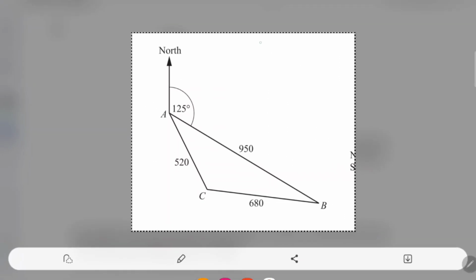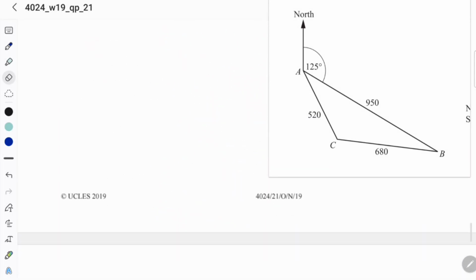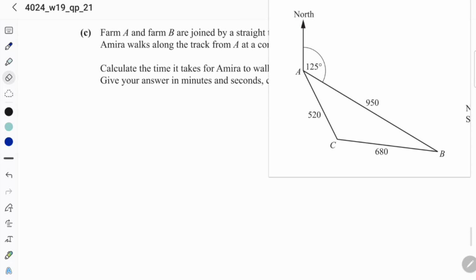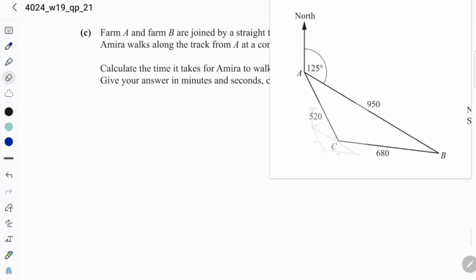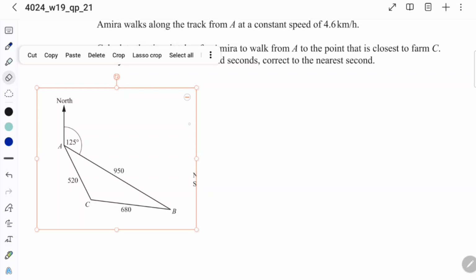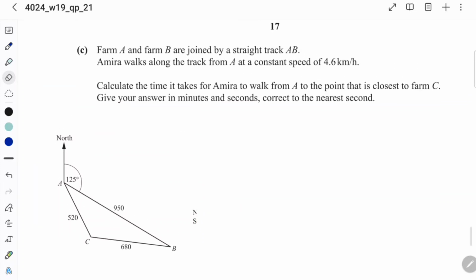Alright, this is the diagram. For this question, farms A and B are joined together by track AB, this line.